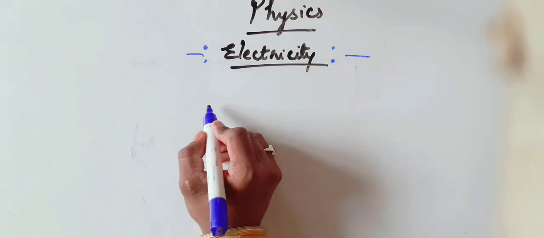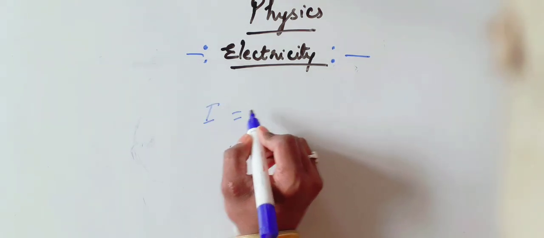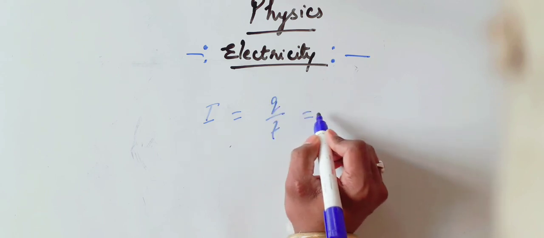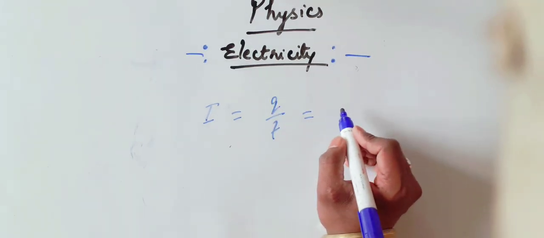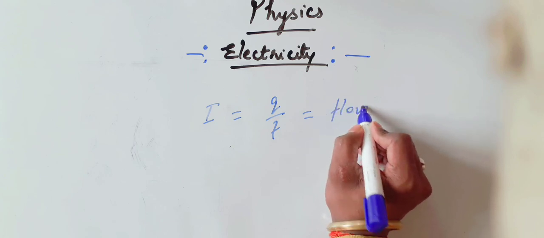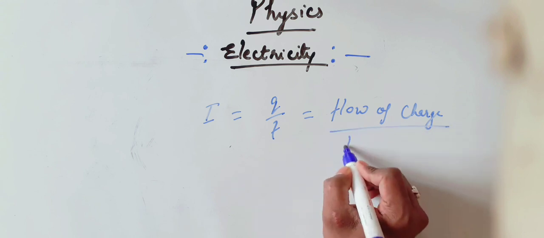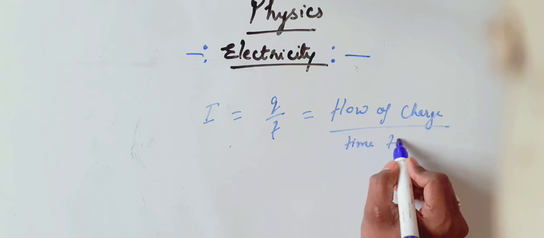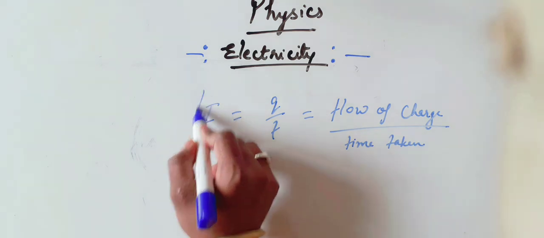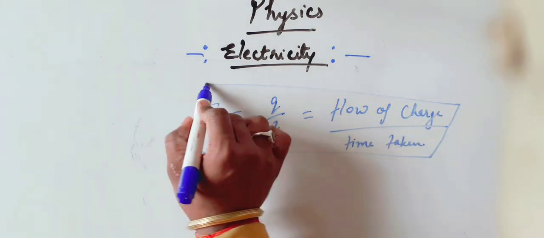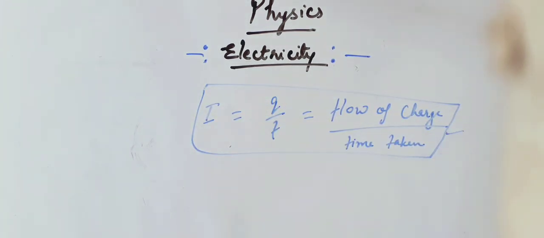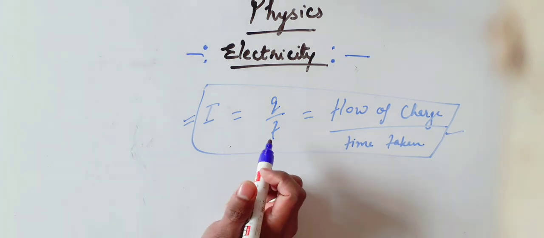Mathematically, we can write I is equal to Q upon T. Q is the flow of charge with respect to time, T is the time taken. So guys, the rate of flow of charge is called electric current.